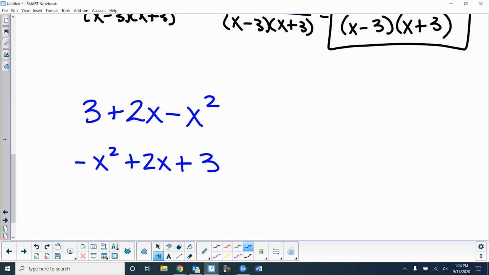So if it's in the wrong order, put it in the right order. You see a negative in front of an x squared, pull out the negative 1. So negative x squared divided by negative 1 is positive x squared. Positive 2x divided by negative 1 is negative 2x. Positive 3 divided by negative 1 is negative 3.